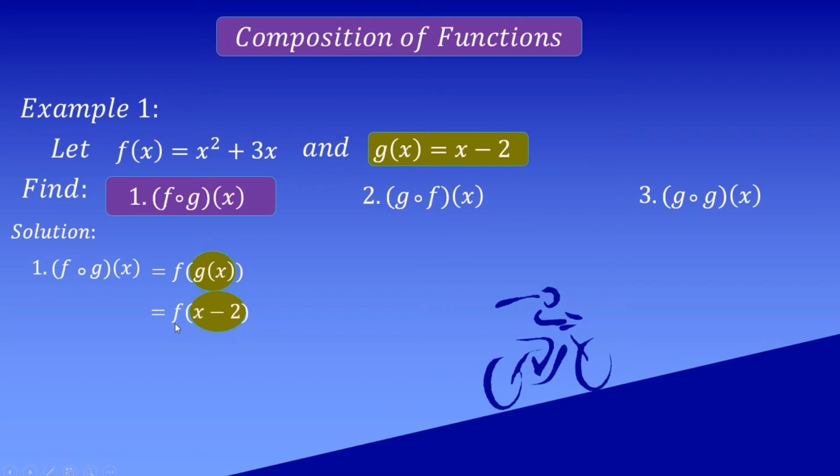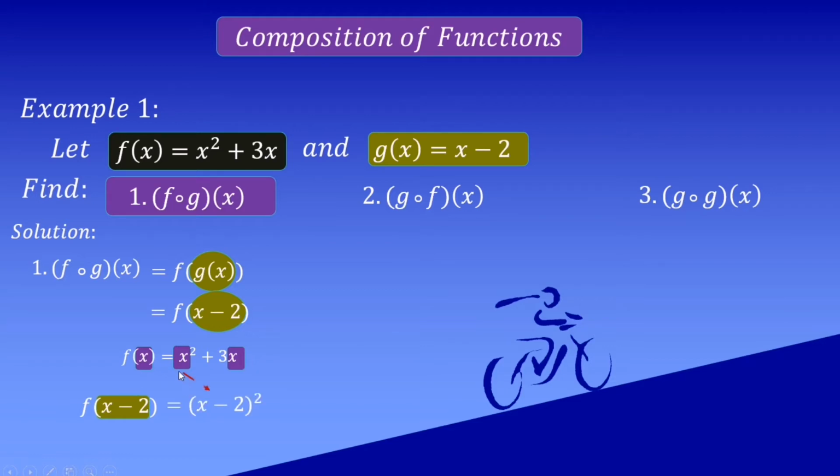So the domain of x minus 2 is in f. Our f of x is x squared plus 3x, so we can use f of x is equal to x squared plus 3x, then replace all x by x minus 2, which is the domain of f.